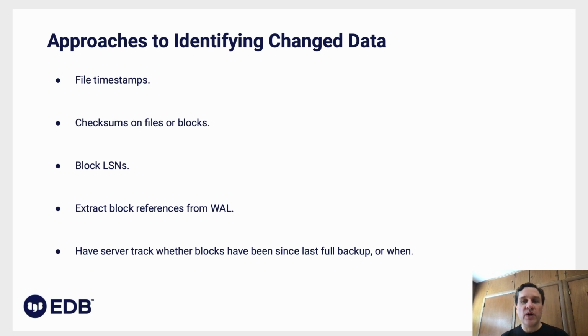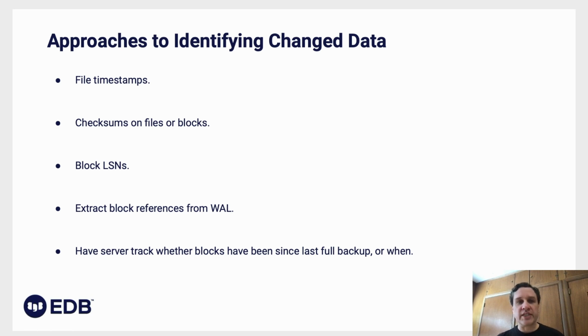So if we know the LSN at which the previous backup started, and we do because we already preserved that information, then we could go through the cluster and look for blocks which have an LSN that is newer than that value. And any blocks we find have definitely been modified since the previous backup began. And so we could include all of those in our incremental backup and exclude everything else.